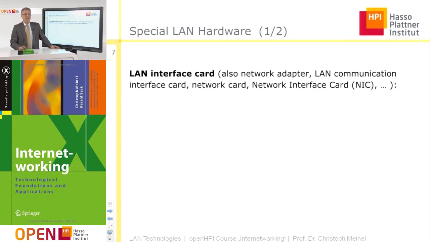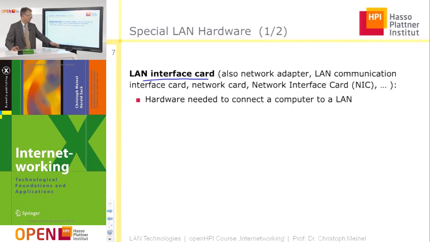When we speak about local area networks, we have to see what special hardware is needed. We already discussed the LAN interface card. The LAN interface card has many names, for example, network adapter, LAN communication interface card, network interface card, NIC and others. This is the hardware that's needed to connect a computer to a LAN.